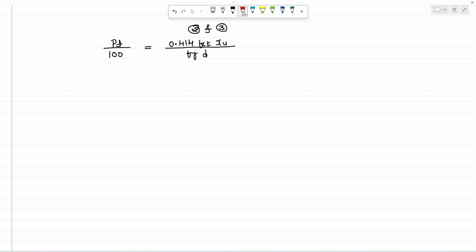So further, multiply these two. So pt fy into d equals 100 into 0.414 fck Xu.